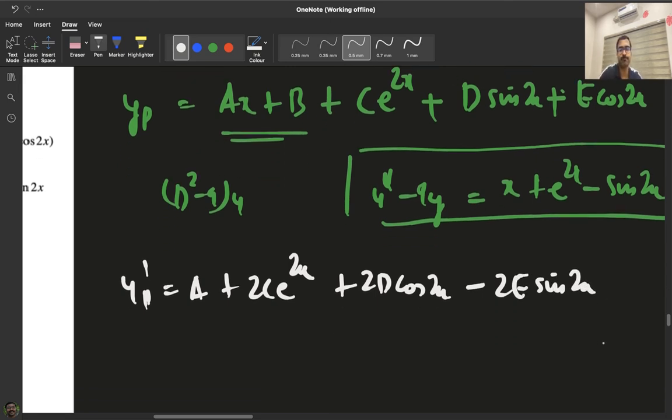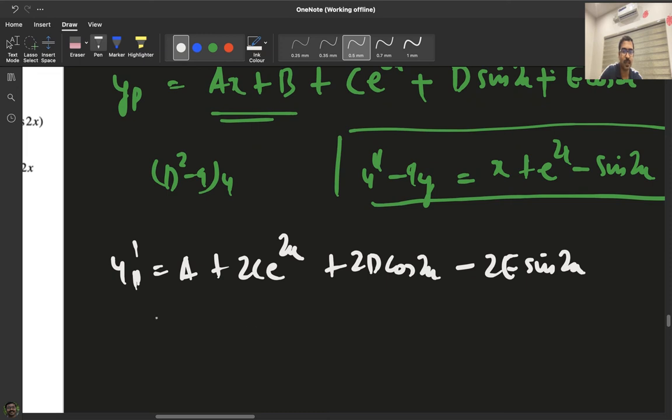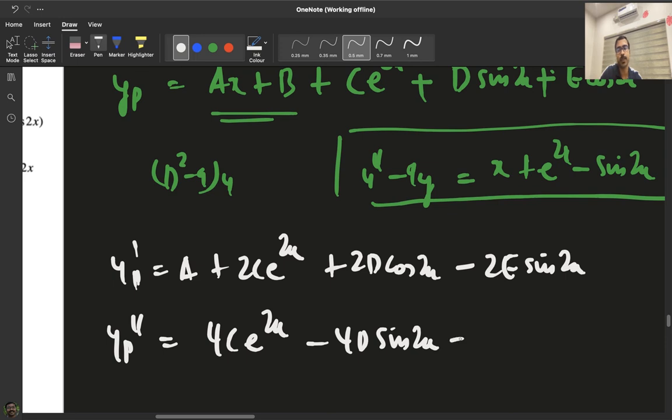And what is yp double dash? Yp double dash is simply 4c e raised to 2x minus 4d sin 2x minus 4e cos 2x. Okay, we'll substitute everything into this equation.